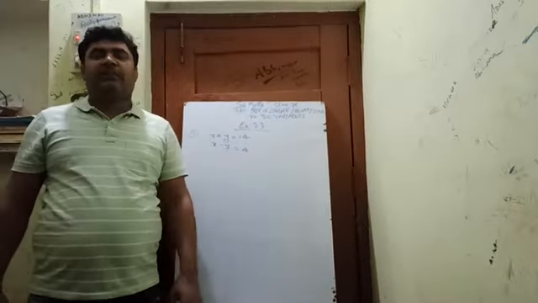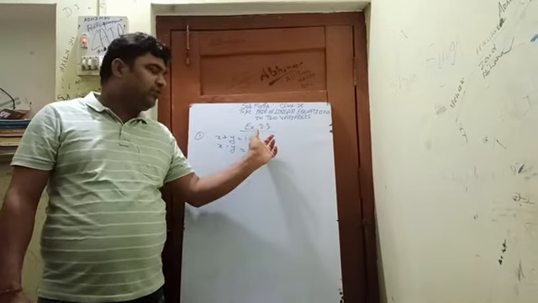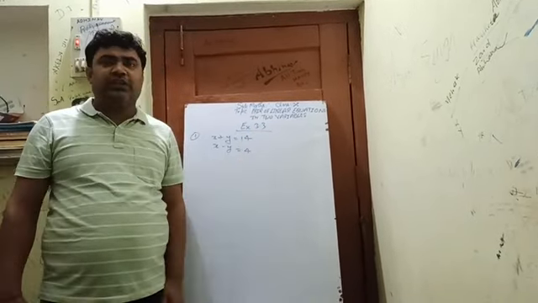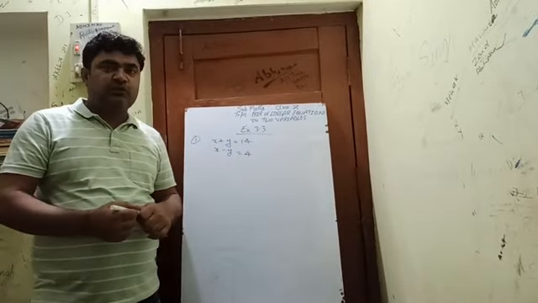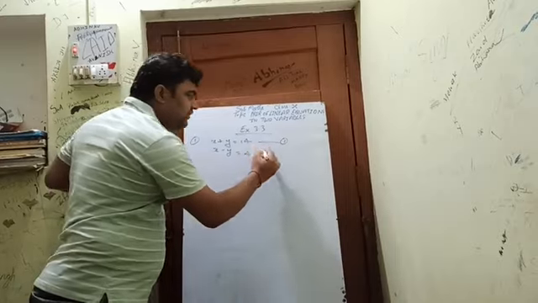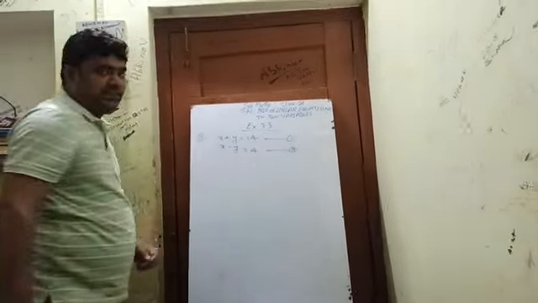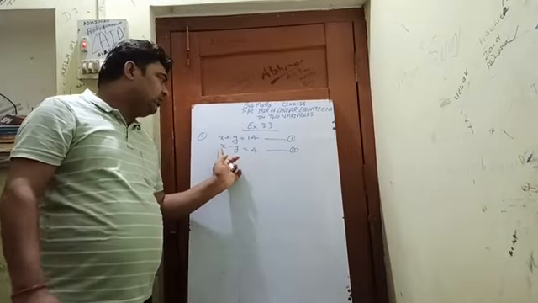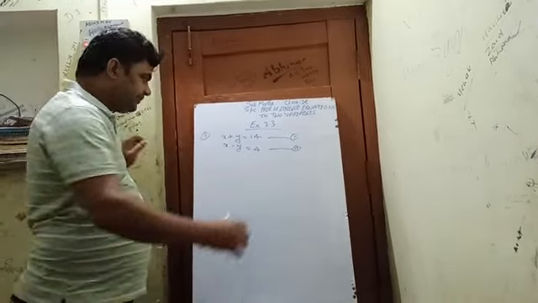See, for the substitution method, we are going to start from exercise 3.3. The first is given x plus y is equal to 14 and the second is given x minus y is equal to 4. So this will be treated as equation first and this as equation second. Here you have a pair of linear equations in two variables x and y.